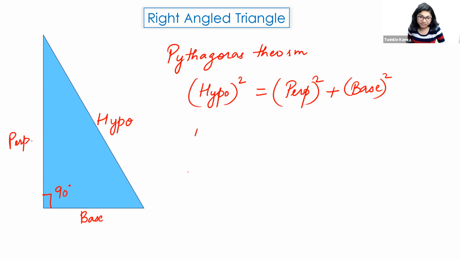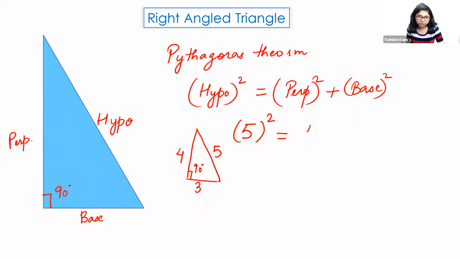Like if you look at this triangle, I give you an example. I have this 5, this 4, this 3, and this 90 degrees. In this right angle triangle, the hypotenuse is 5. So let's check 5 square. Is this equal to perpendicular, which is 4? So let me write 4 square.